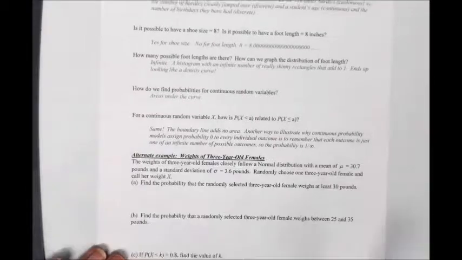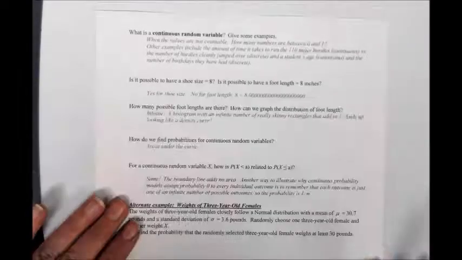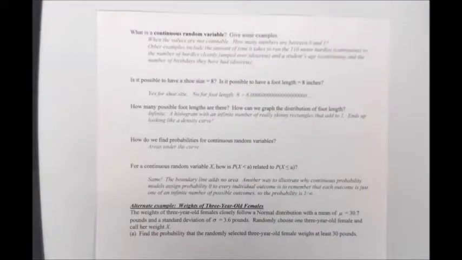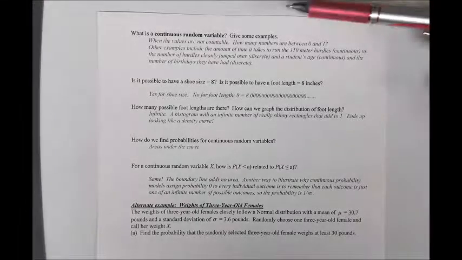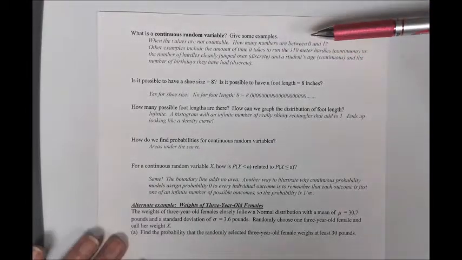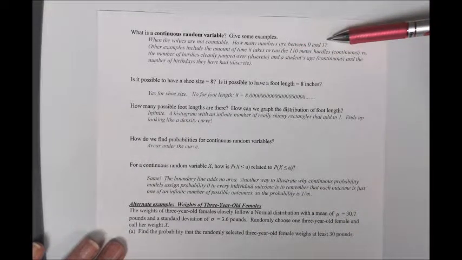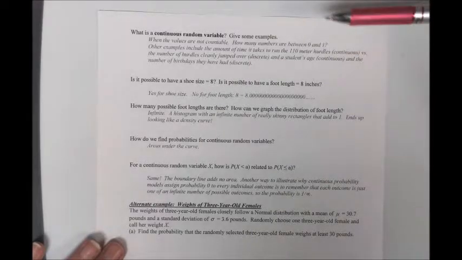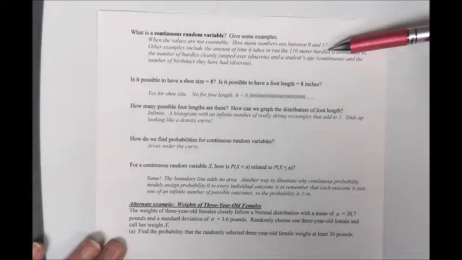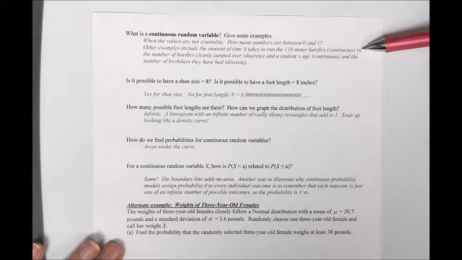Okay, so those were discrete. Then we have our continuous random variables. These are when we can't actually count, when there's an infinite number. How many numbers are between 0 and 1? There's an infinite number of numbers between 0 and 1. So the amount of time it takes to run a 100-meter hurdles race is continuous.